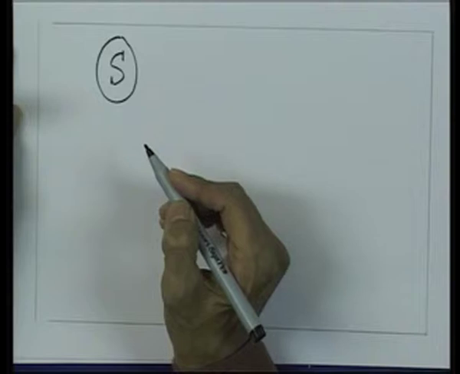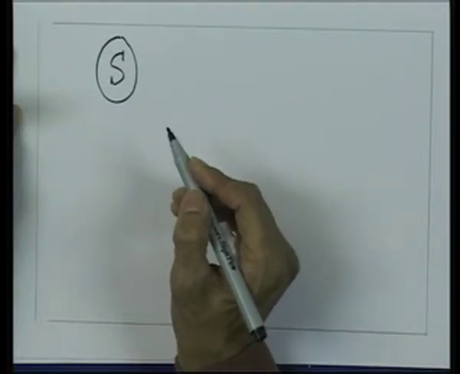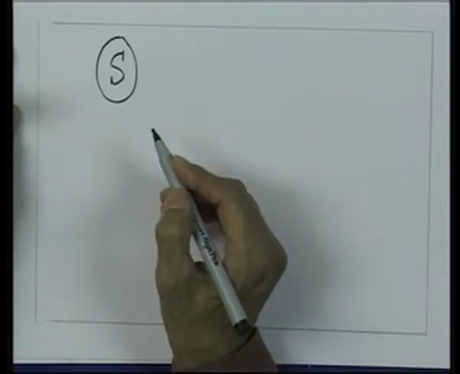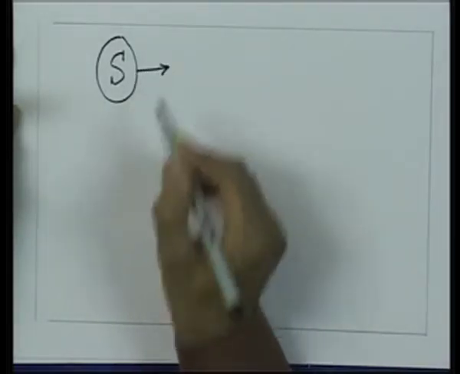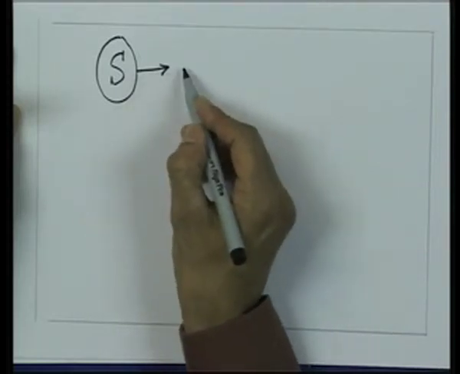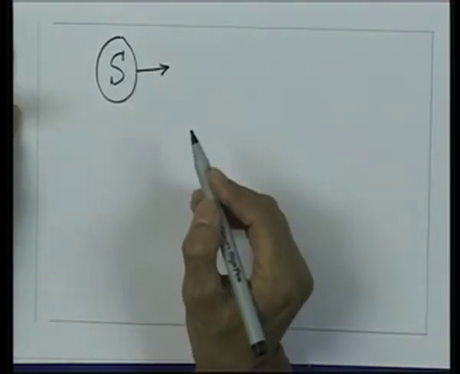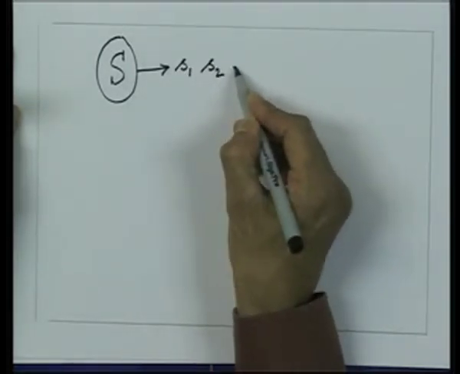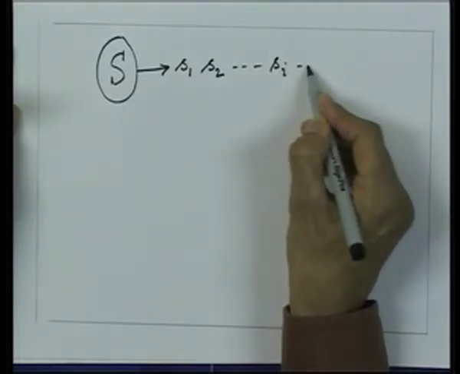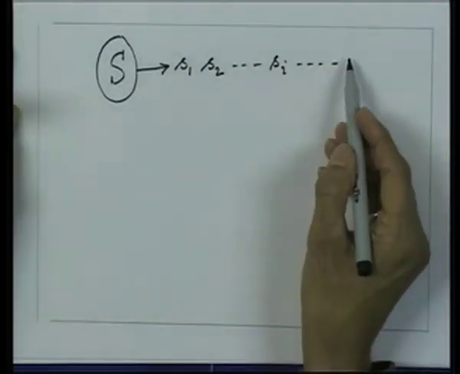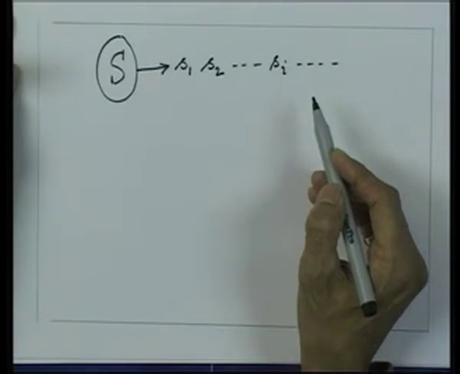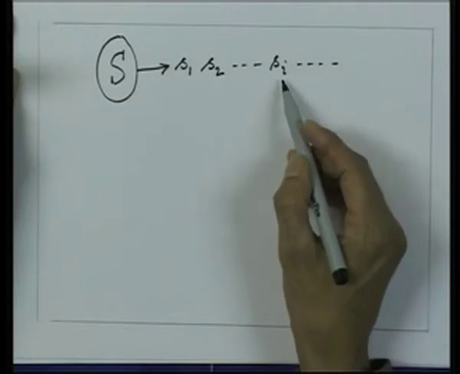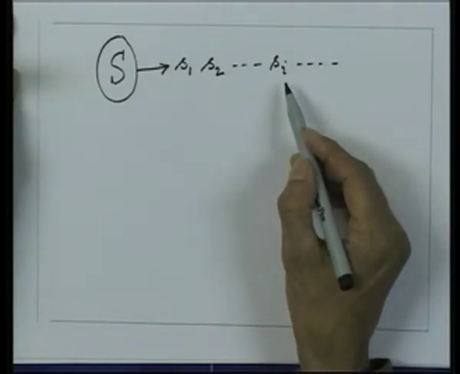This symbol belongs to the source alphabet, and the probability of occurrence of that particular symbol is also given to me, but I looked at the emission of the symbols from this source individually. So, I had S1, S2, Si continuously like this, and we found out the average entropy, average information, that is nothing but entropy of the source for a symbol.